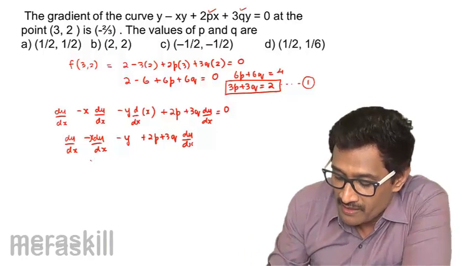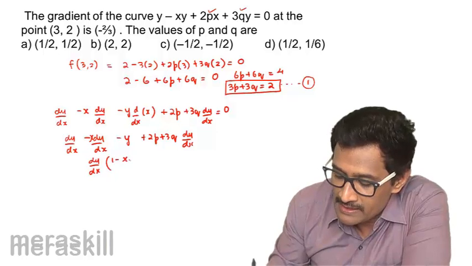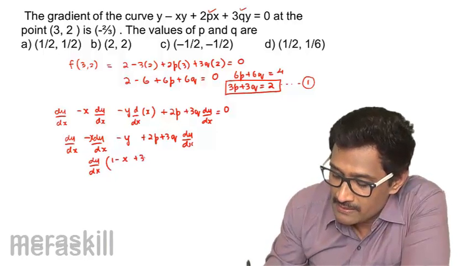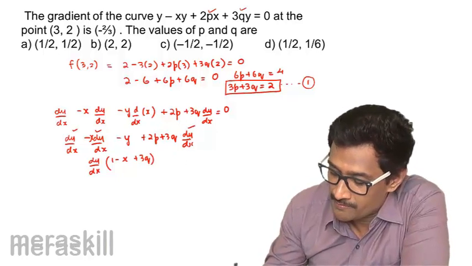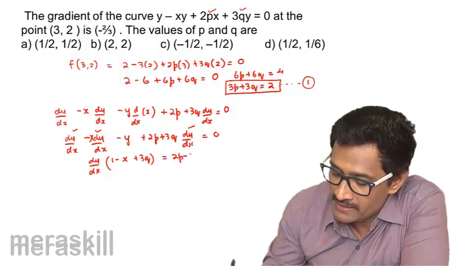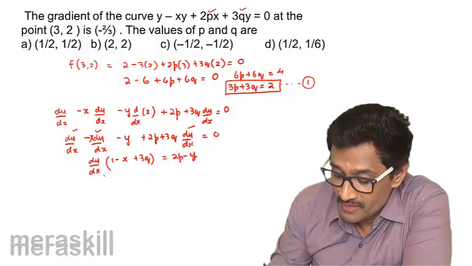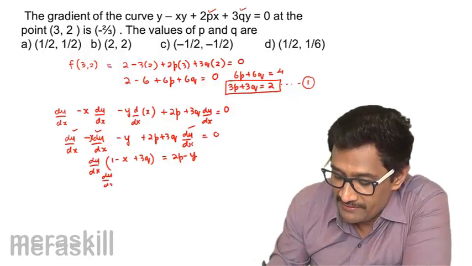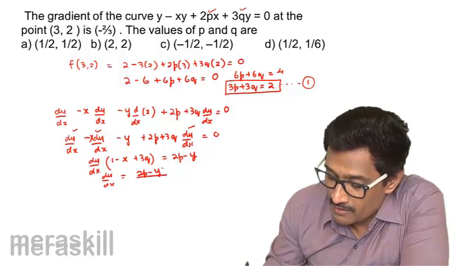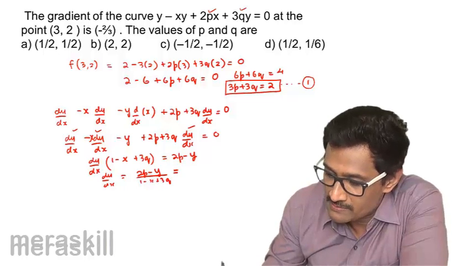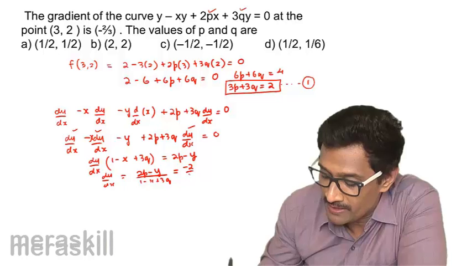So we take dy by dx common and you get 1 minus x plus 3q, this and this together, and you take the other things to this side, you get 2p minus y. So therefore dy by dx is (2p minus y) upon (1 minus x plus 3q), and this has been given as minus 2 by 3.